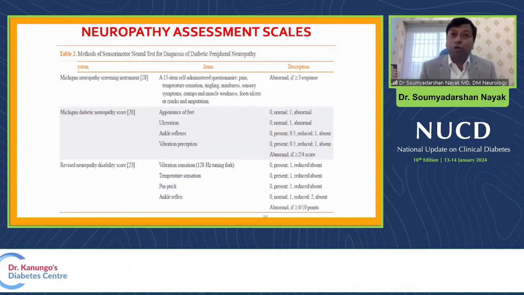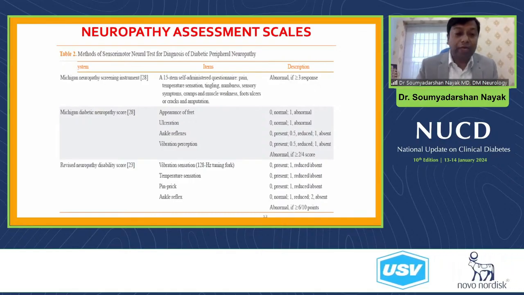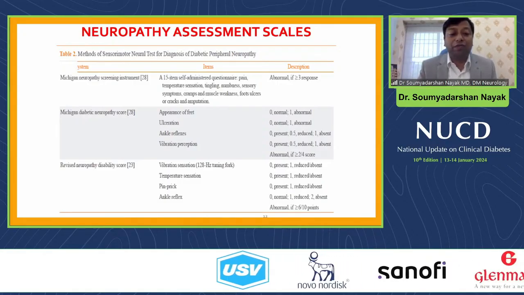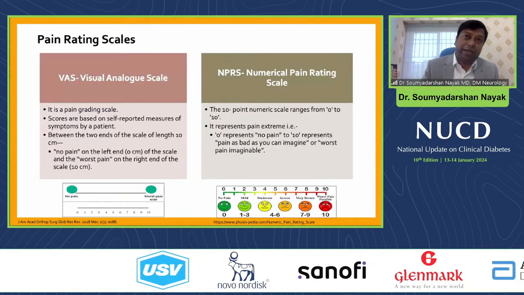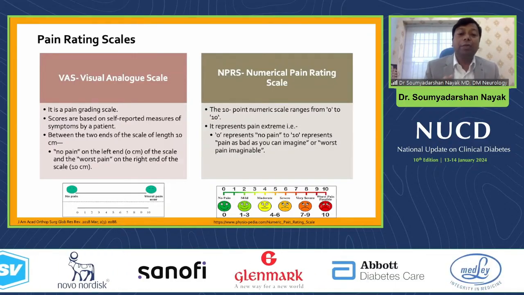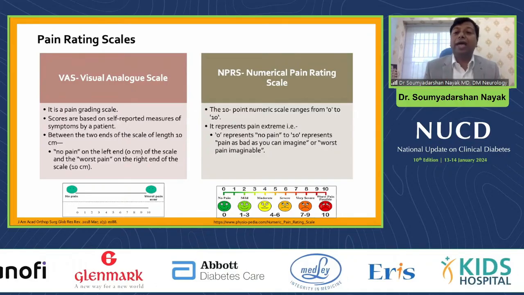There are a lot of assessment scales, but I won't go into the details of assessment scales. Most commonly used is the Michigan, and in India, we used a revised neuropathy disability scale. But for general practitioners in a busy clinic, you can rely on the VAS and the NPRS.